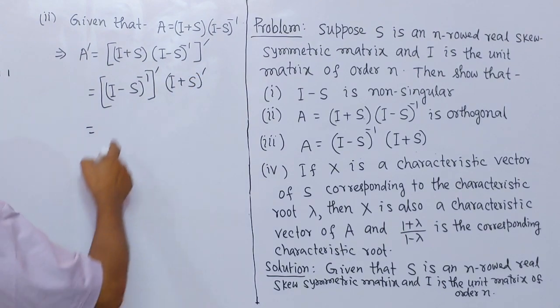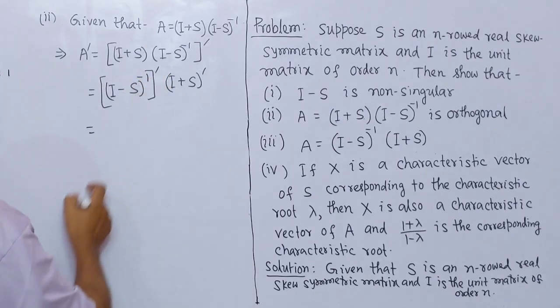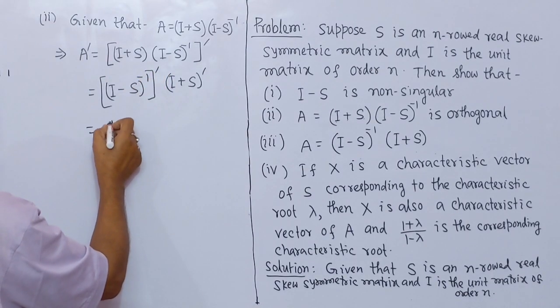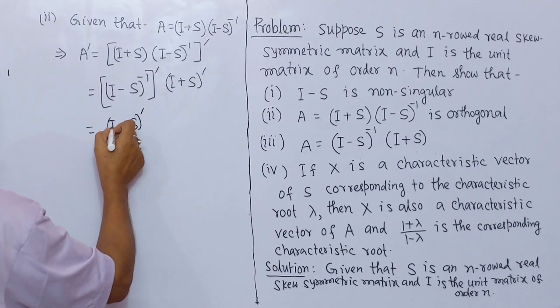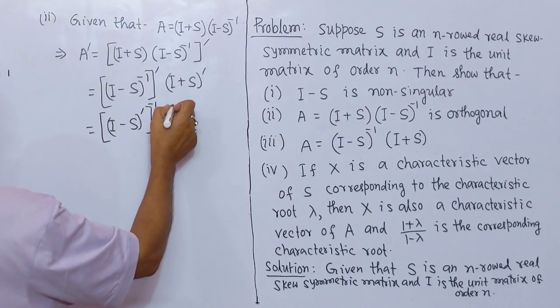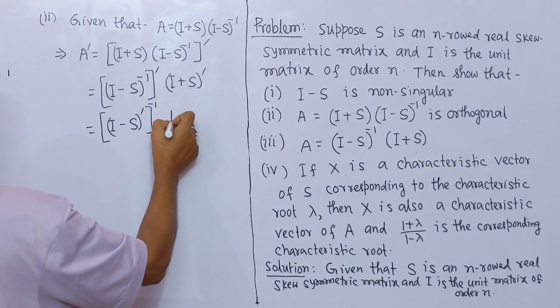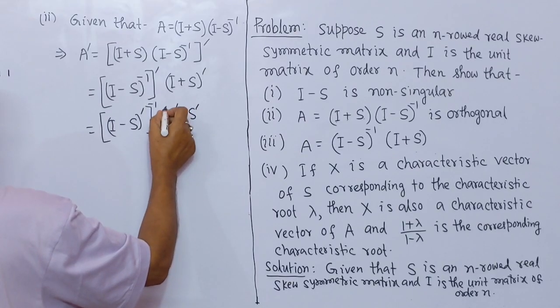This equal to, since transpose and inverse are commutative, so this will be equal to I minus S transpose whole inverse. Here I transpose plus S transpose.